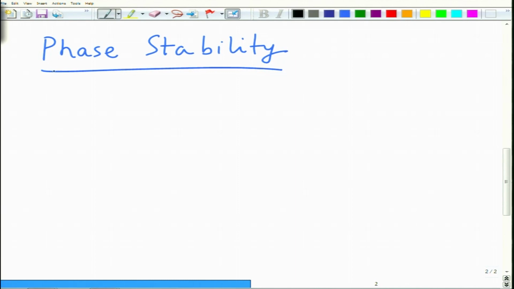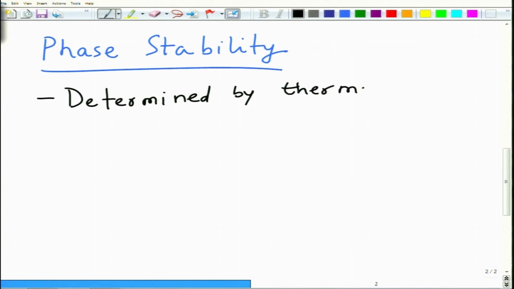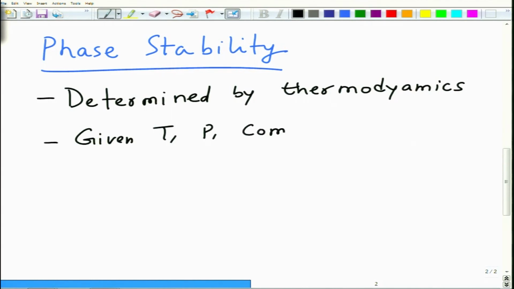Phase stability is basically determined by thermodynamics, and in particular, what we are looking at is, for a given temperature, pressure and composition, what are the stable phases.